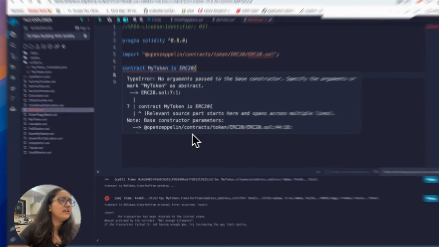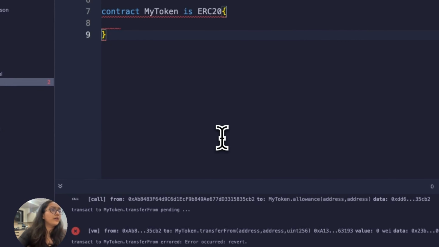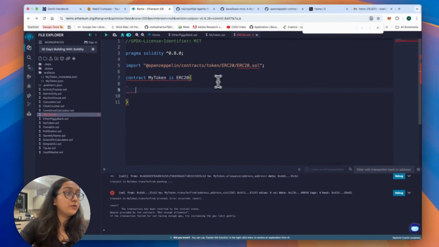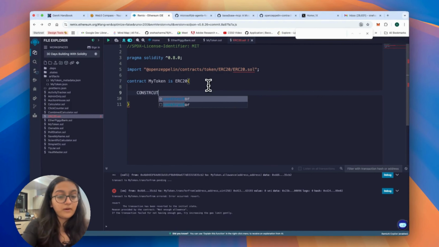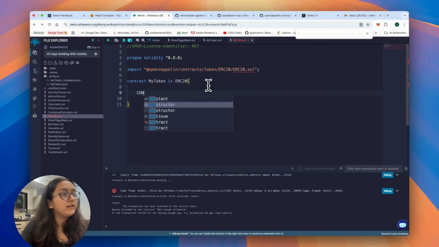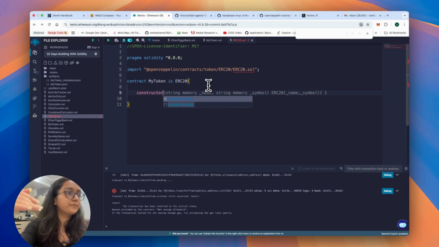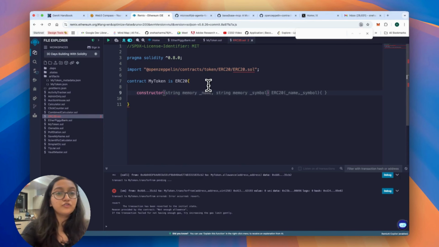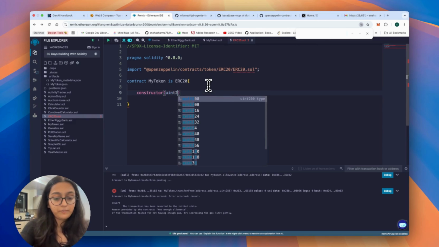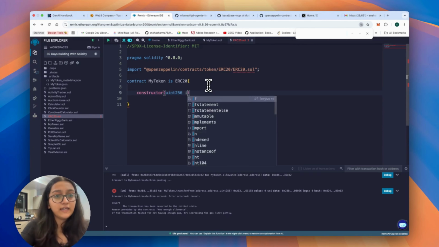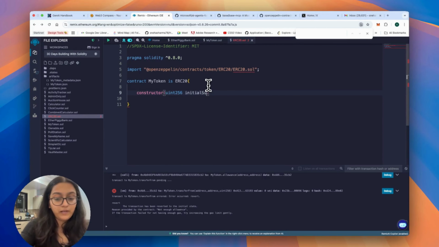Yeah, it's okay, right? And then initially this has a certain standard that you will have to have an initial supply, just like we did in the previous one, that with constructor we gave an initial supply. So I say uint256 initialSupply.